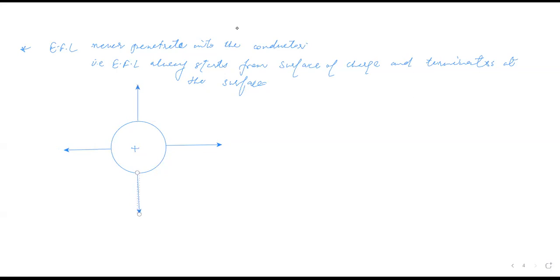Similarly, if you have a negative charge, the lines always terminate at the surface. I mean, they never enter inside the conductor. Are you clear or not? Please note this point down also.